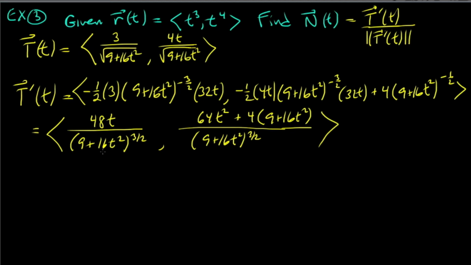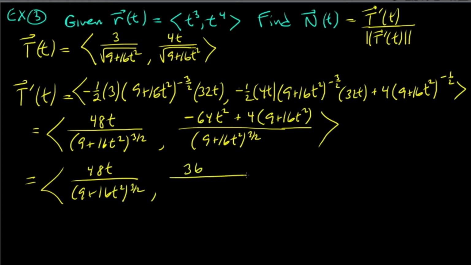Not entirely pleasant. Oh, and I'm forgetting a negative sign. This was negative 1/2, so there's a negative here, which is good because you'll see that it will cancel with the positive 64t squared. All right, so 48t divided by 9 plus 16t squared to the 3/2, and the second component will just be 36, 4 times 9, over 9 plus 16t squared to the 3/2 power.